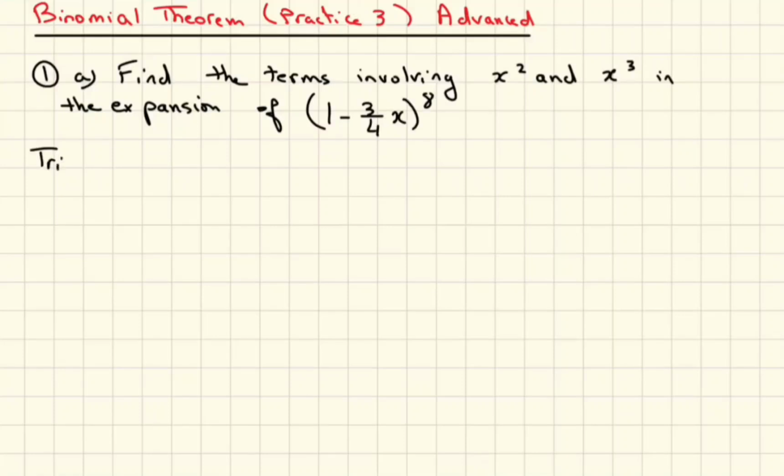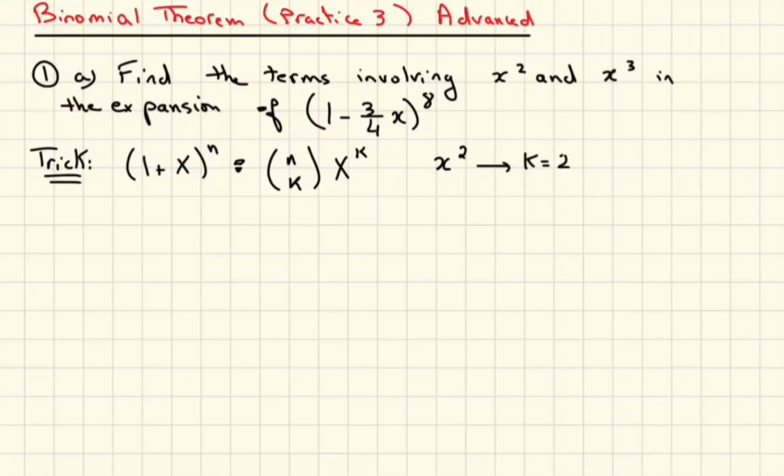Now there is a trick I didn't mention before about (1 plus big X) exponent n. Since a general term of this is nCk big X exponent k, if we're looking for x squared, you can use k equal to 2 directly.